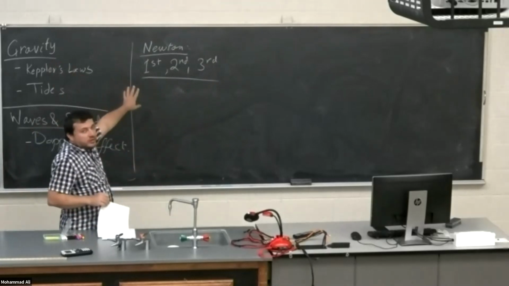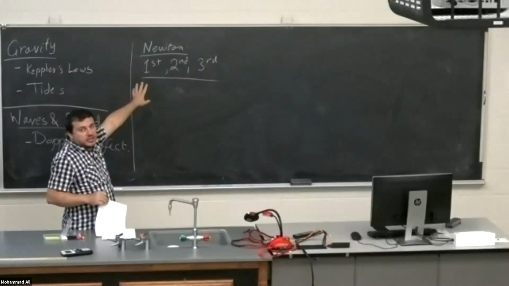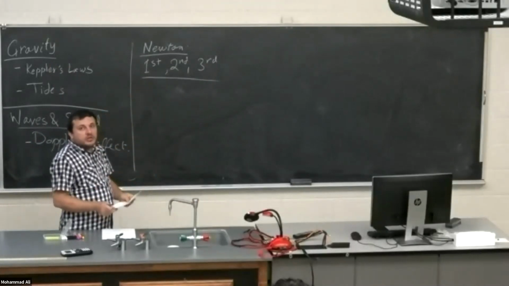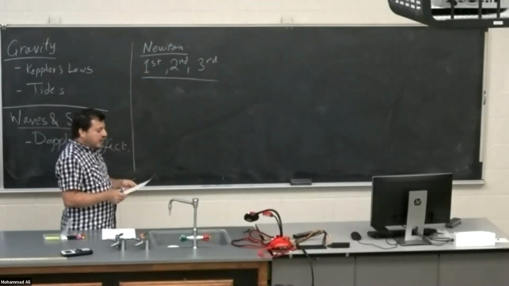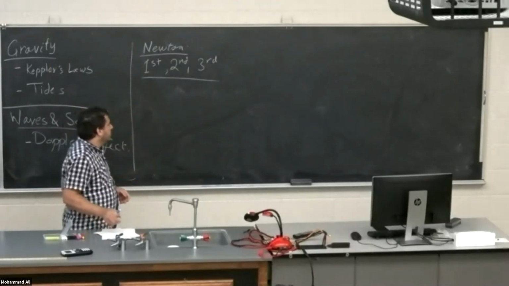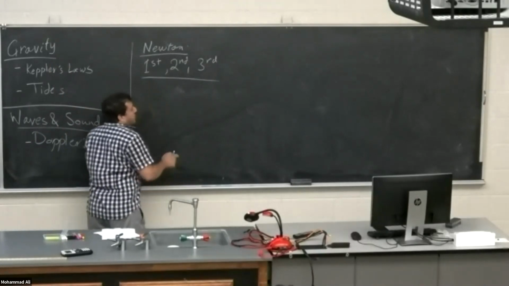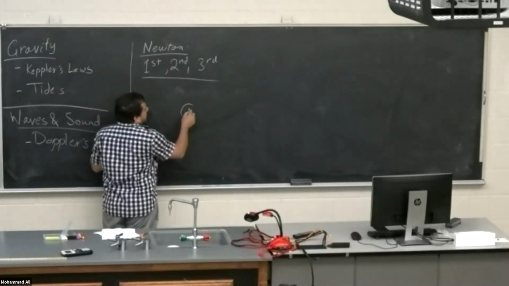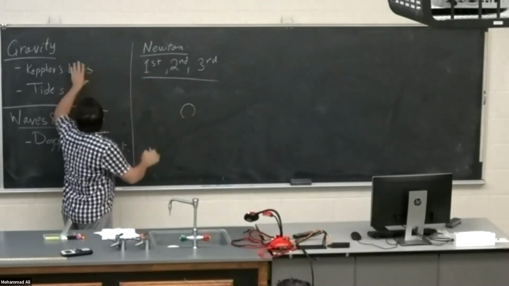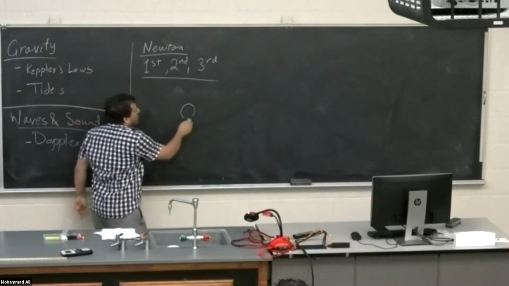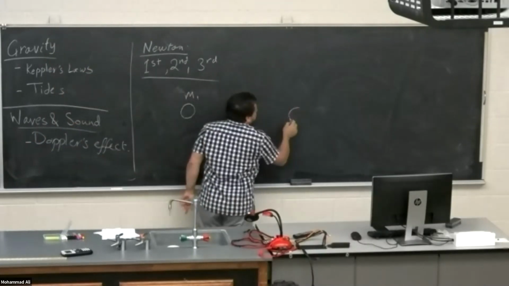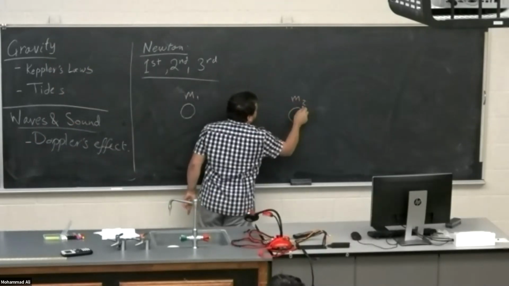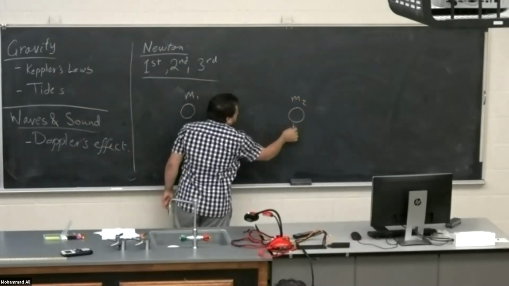But our scientists here put the mathematical law for them. Now we'll talk about the gravity. If we have 2 objects, mass m1 and another mass, m2, there is a distance between them.